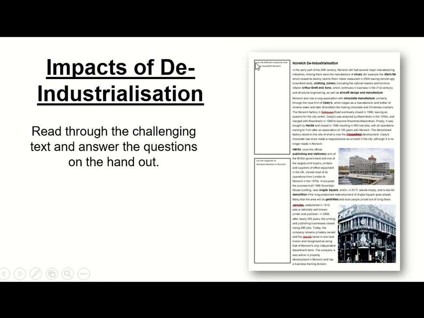And what I'd like you to do is, this is on 365, so find the copy, pick out the key information with regards to impacts of deindustrialisation. So think about numbers of jobs lost, and then again specifically name companies, etc., because all this specific detail is handy for when it comes to doing an exam question, and also just enriching your knowledge of Norwich in general.